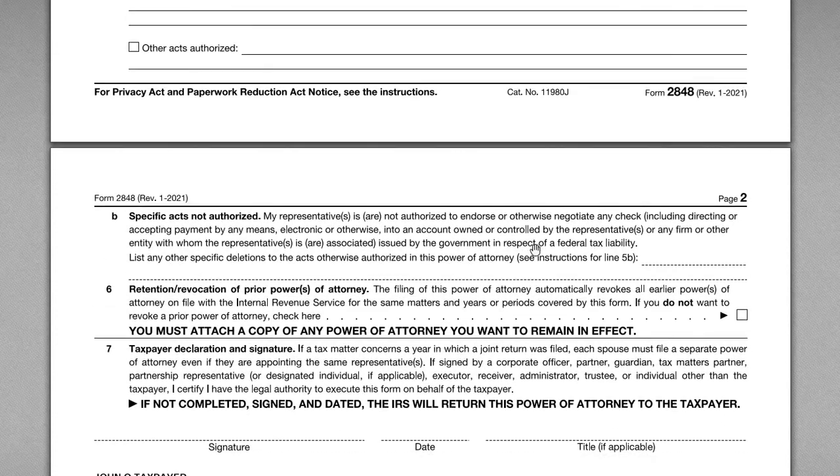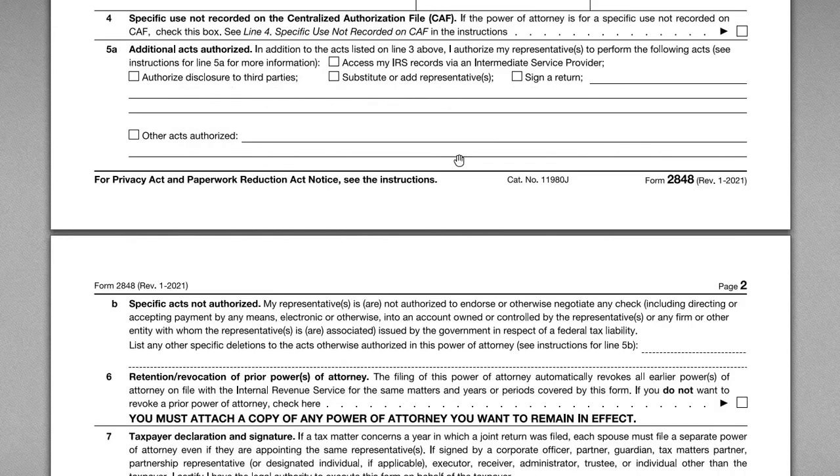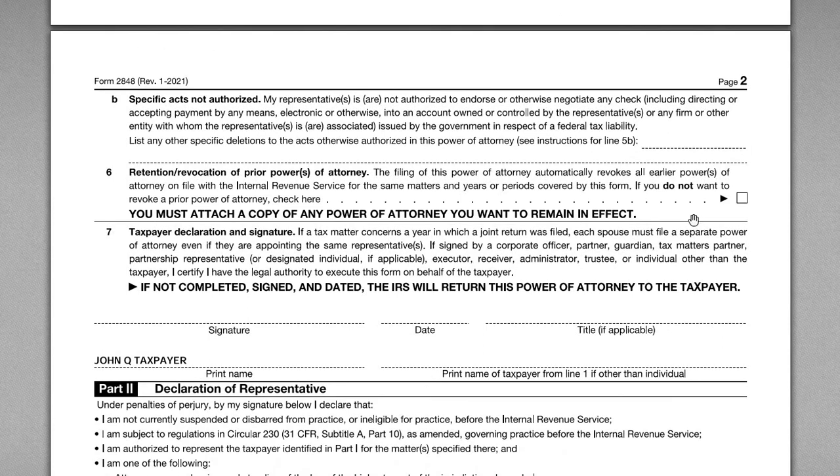So for example, up here, if you wanted whatever would be included within the scope of box 3 here, so the income tax Form 1040 for these years, if for some reason you wanted to kind of scale back the scope of what the taxpayer's representative could do on behalf of the taxpayer, then you can list that restriction here in section B. But generally speaking, this is going to be left blank, right?